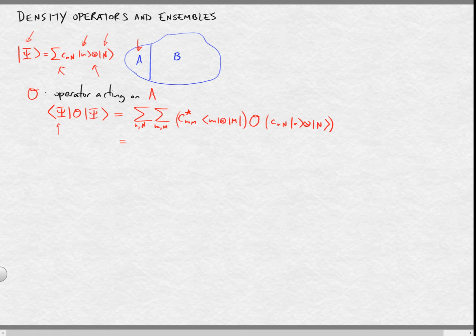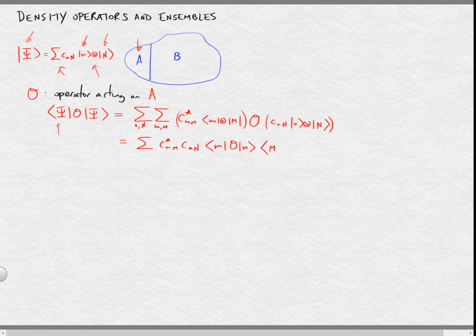Okay, and now because O only acts on the first part of the system, we can rewrite all of that as this sum, and it's the sum over the same set of indices. So we have C_M^* C_N, and then we have this matrix element of O between basis elements little m and little n in the first part of the system.